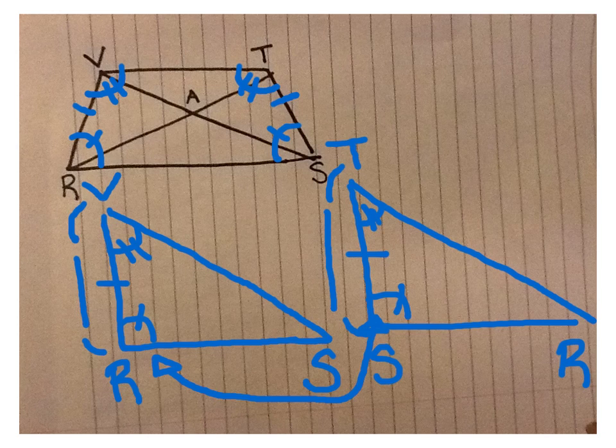So we can now prove that triangle ARS is isosceles.